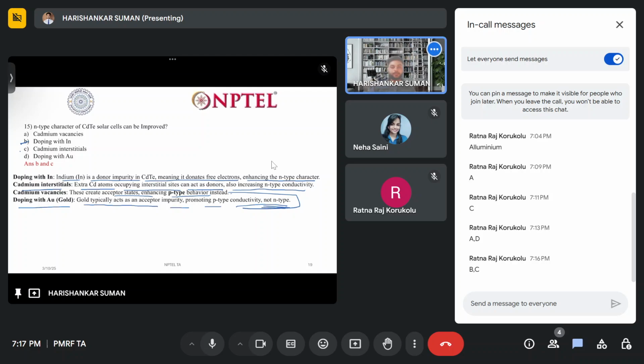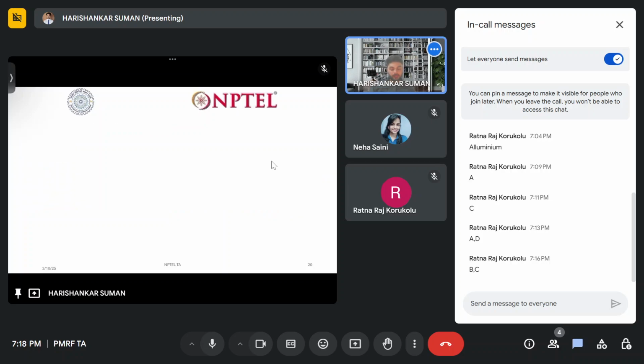Okay, next question. Cadmium chloride treatment in a cadmium telluride solar cell results in. These are the four options. Please choose your answer.